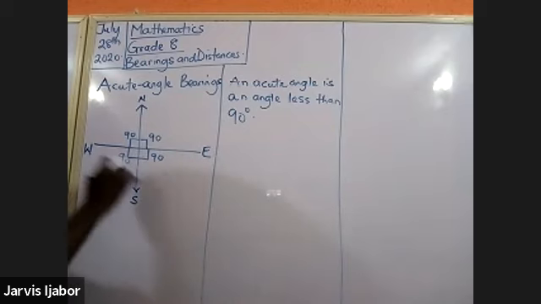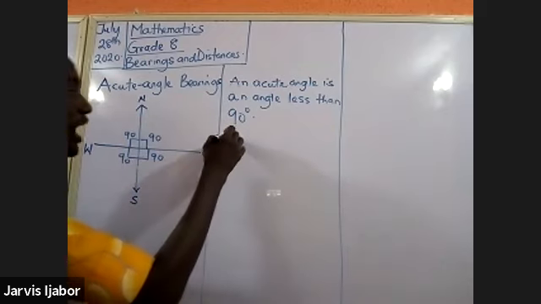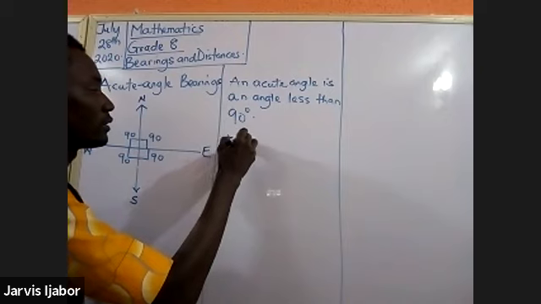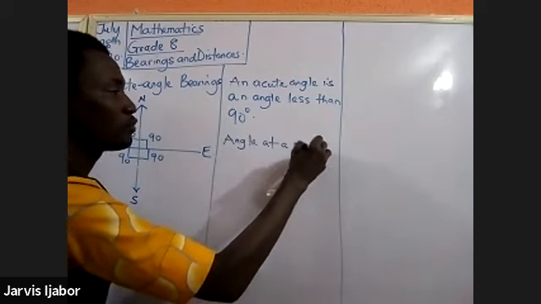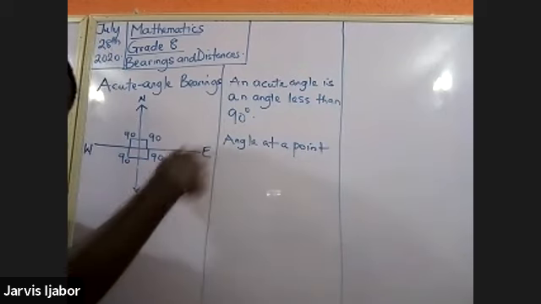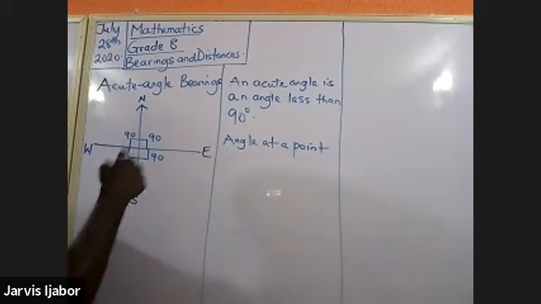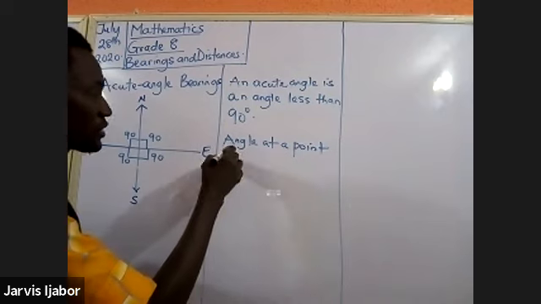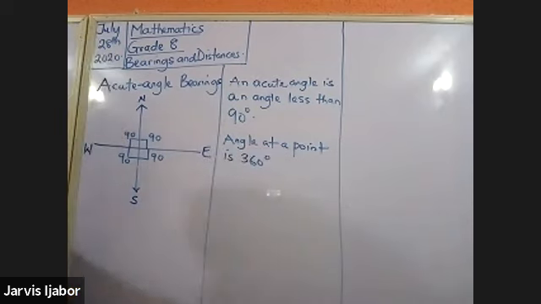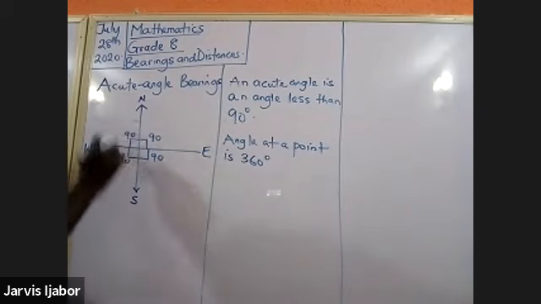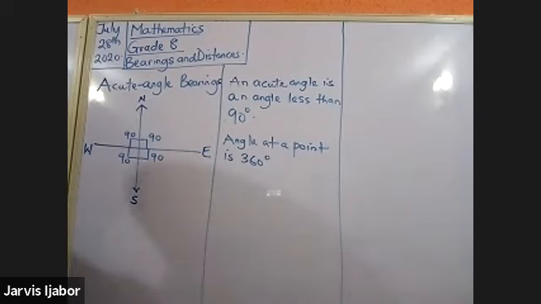And we said that angle at a point is what? 360 degrees. I've taught this to you before now, but I'm just trying to help you remember. There are key things you need to remember to understand this topic very well. Angles at a point is 360 degrees. So the whole of this angle here is 360 degrees.